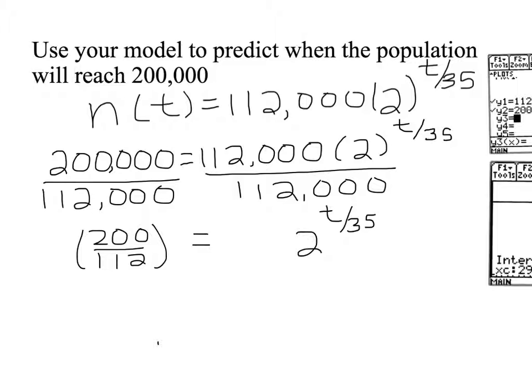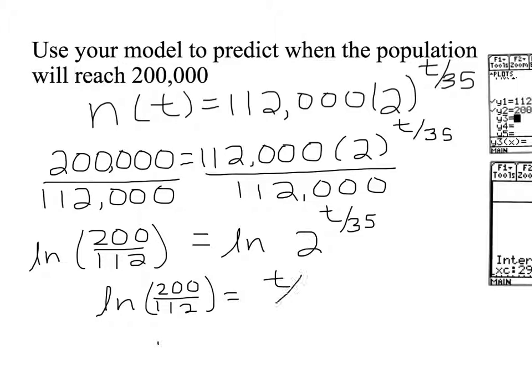I left myself a little bit of room so I could take the natural log of each side. When I do that, I know the exponent can fall down in front. So the natural log of 200 over 112 is t over 35 times the natural log of 2.